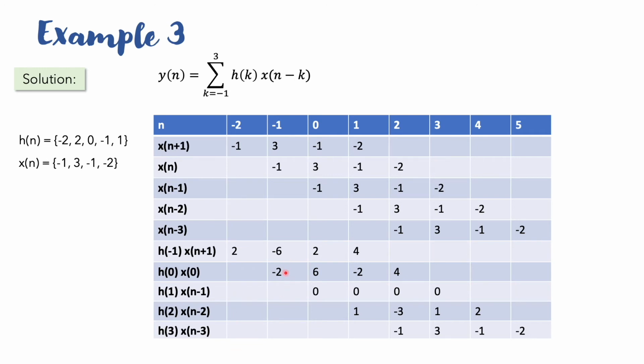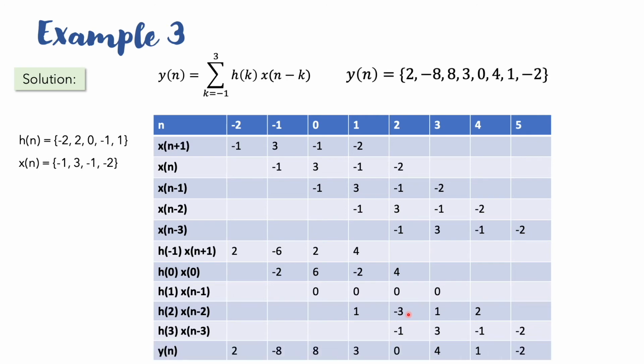Then -2 plus -6 plus -2 will give us -8, and this will give us 8, and this will give us 2 plus 1, 3, and so on. So this is how we can fill our sequence here, just adding the terms in this one. Okay, and our output sequence will be written like this.